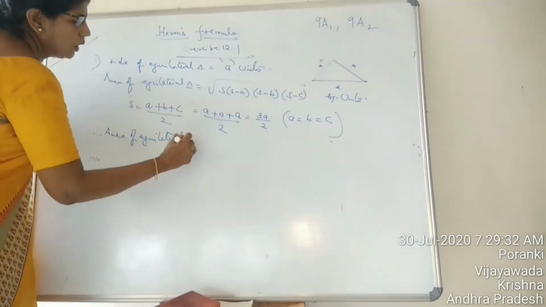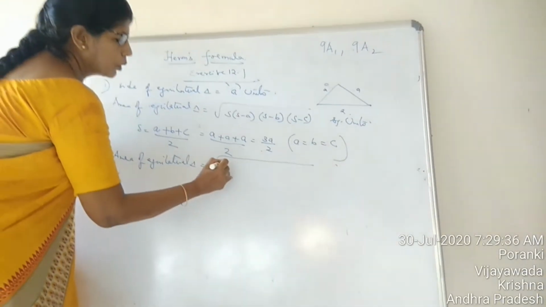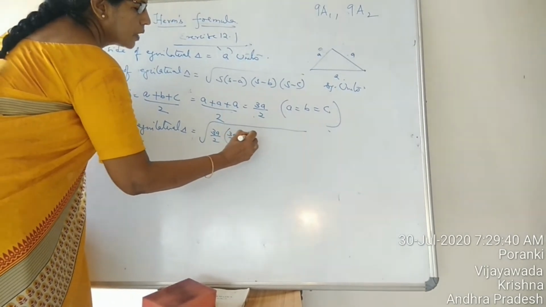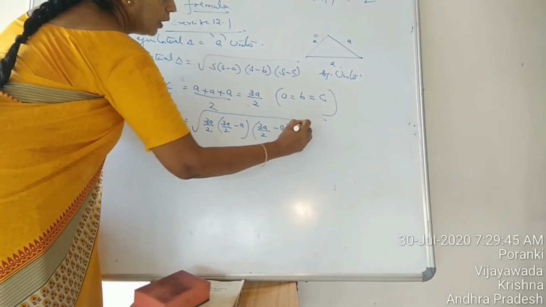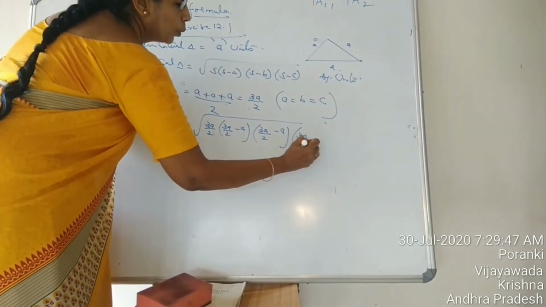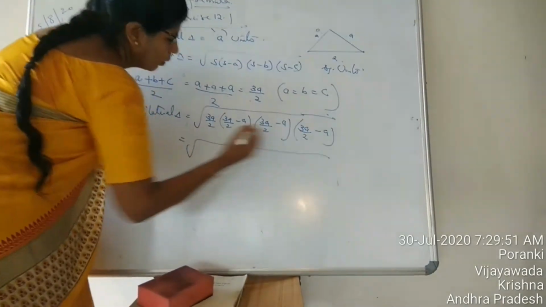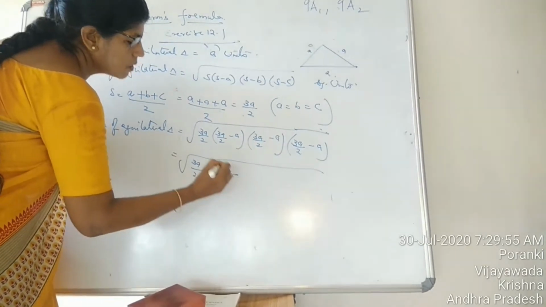Area of equilateral triangle. So in the place of s, what will you put, children? You will put 3a by 2. 3a by 2 minus a into 3a by 2 minus a into 3a by 2 minus a. Simplification, children.